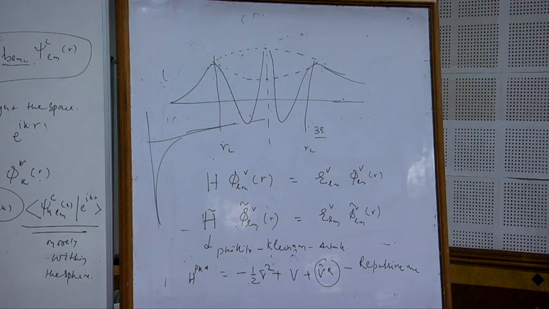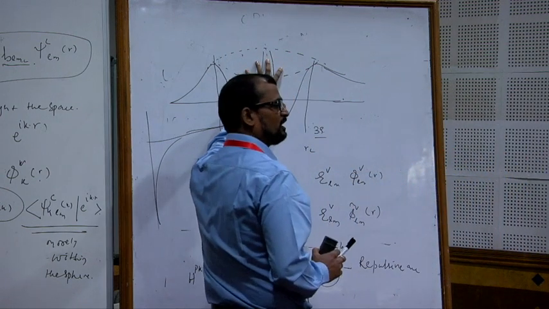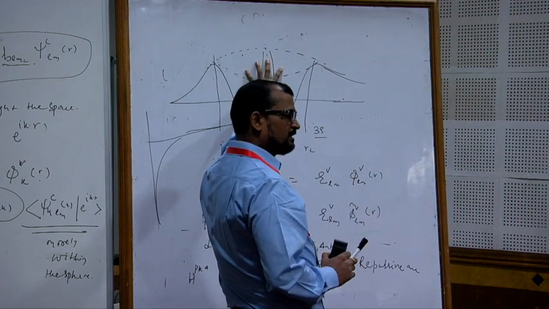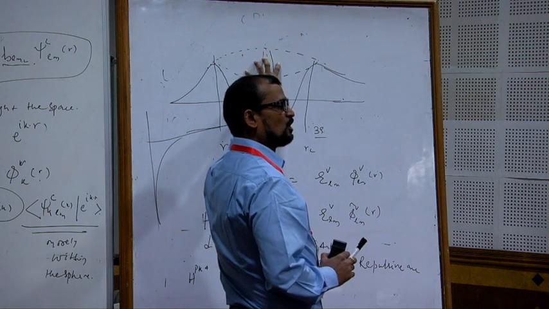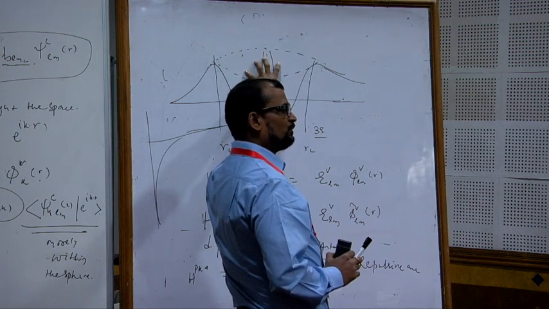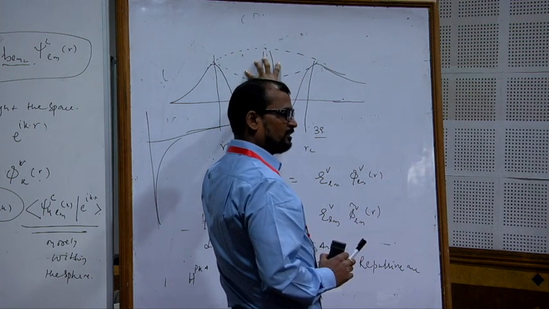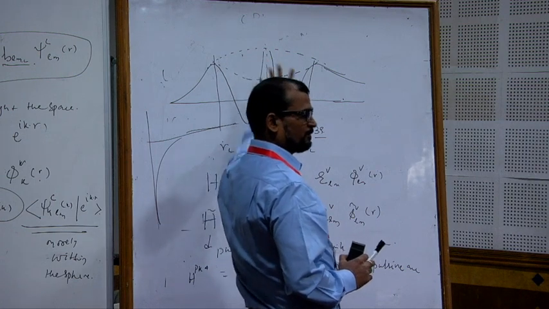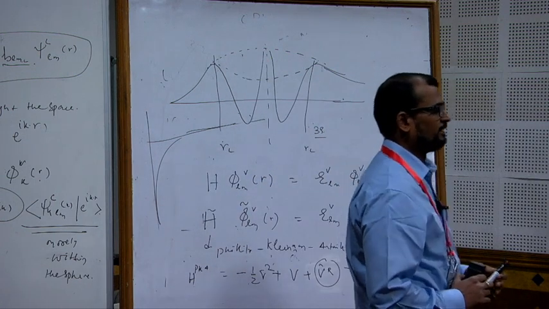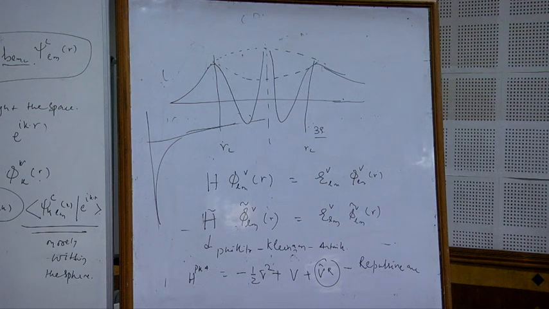In PAW and ultrasoft, they don't ignore this zone completely. Rather, they add on some auxiliary wave functions, which are appropriate inside the cutoff radius, inside the sphere, and that way they form the PAW and the ultrasoft basis sets.